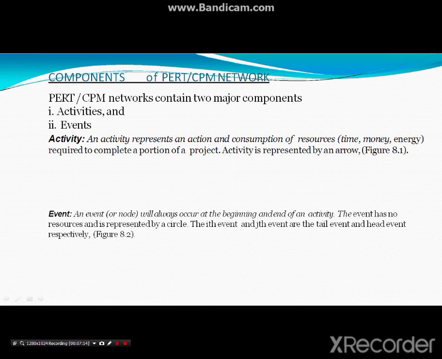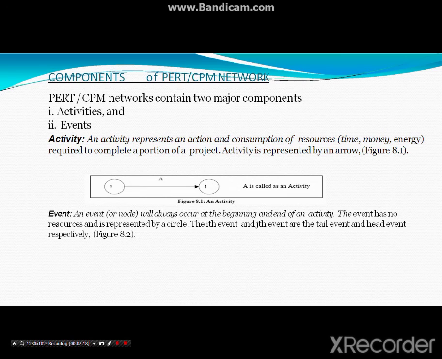An activity is always represented by an arrow, with two circles and an arrow. The activity name is always noted above the arrow. Let's say activity A is represented by these two circles and an arrow.